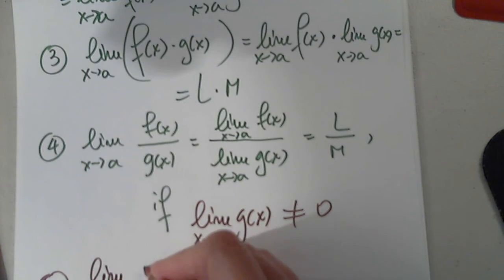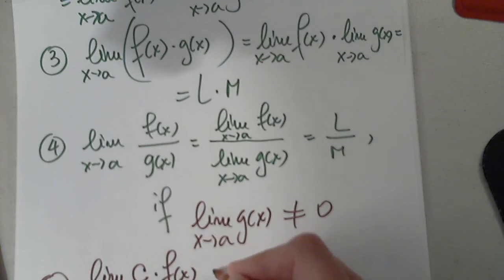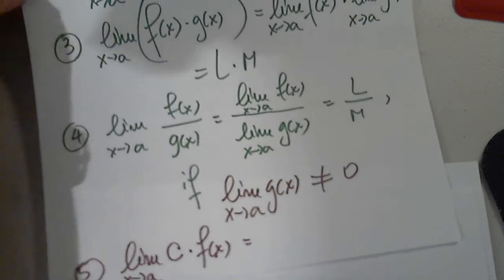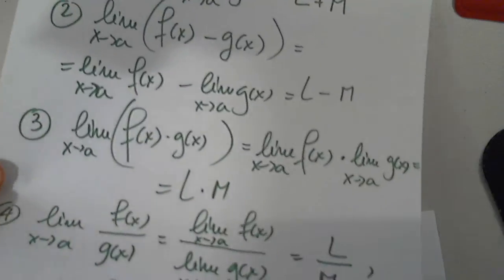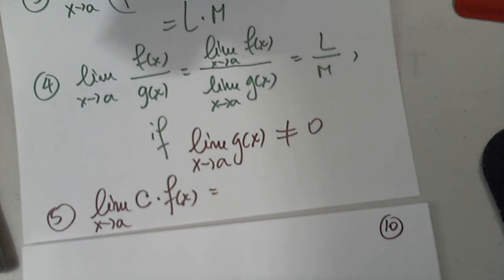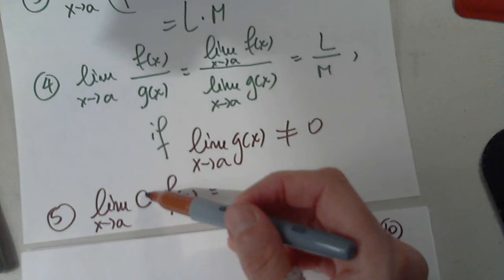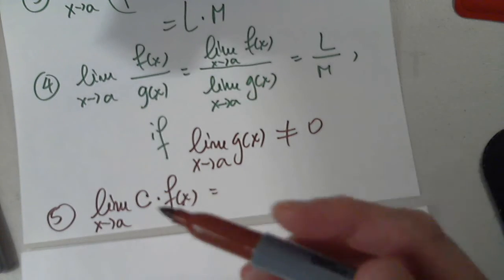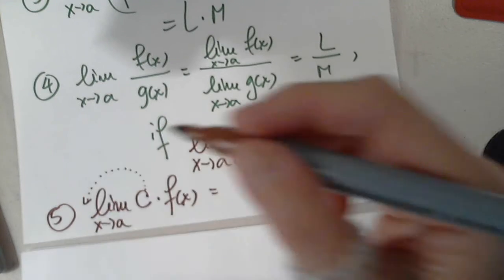Limit law number 5: the limit of a constant times a function f of x. Good. So for a constant times a function, the constant goes in front as a factor.